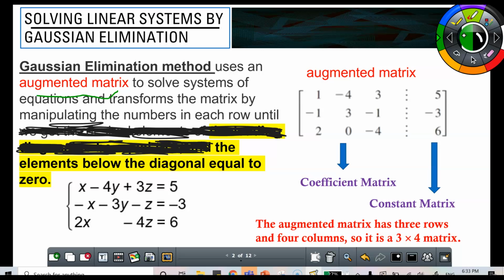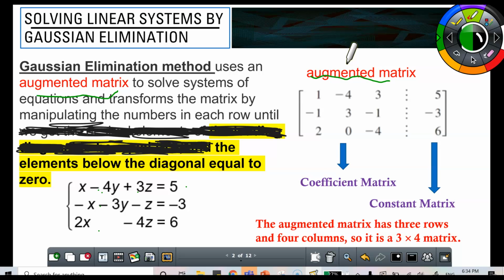Okay? So first here you see you have a system of 3 linear equations and you're going to make a matrix from them. And that matrix is called an augmented matrix. So what you need to do is pick out the numbers in front of the variables and the constant on the other side, and they make up the augmented matrix.